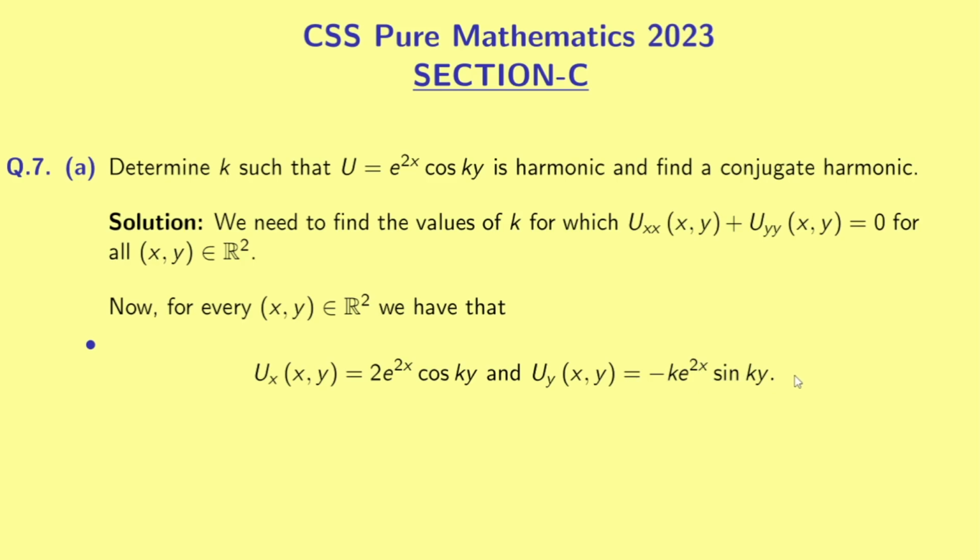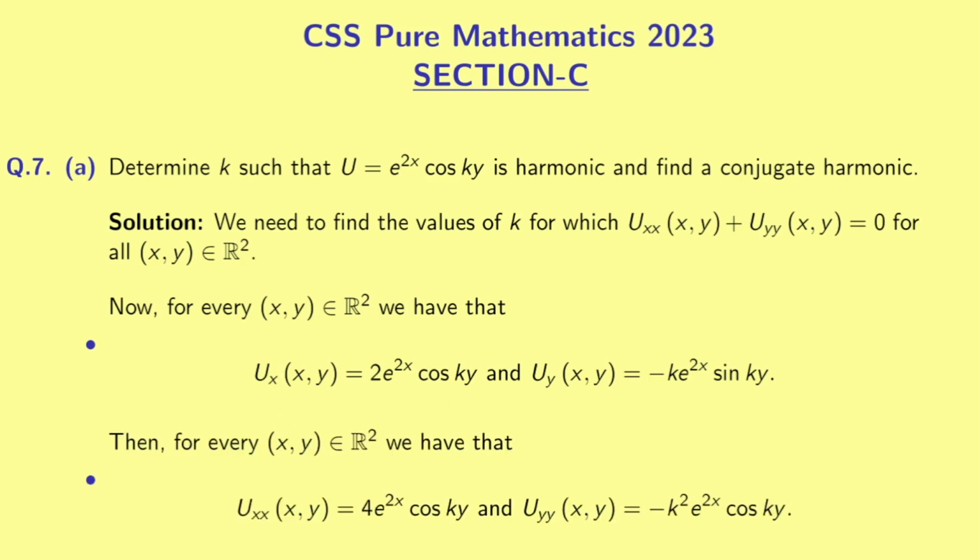Now we have to take derivatives again. We take the derivative of ux with respect to x and we get uxx, which is 4 times e to the power 2x times cosine ky, and we take the partial derivative of uy with respect to y, and we get that uyy equals minus k squared times e to the power 2x times cosine ky.